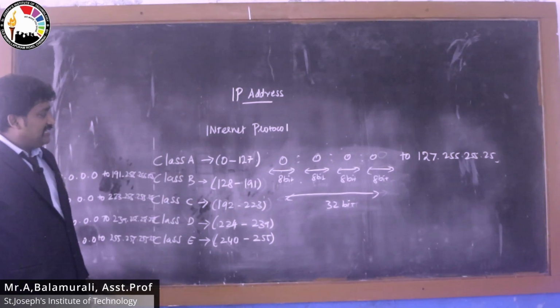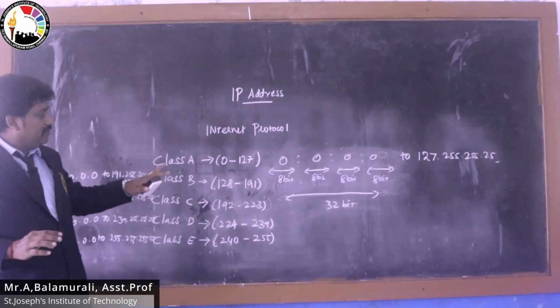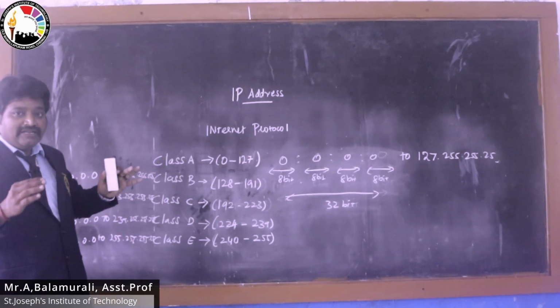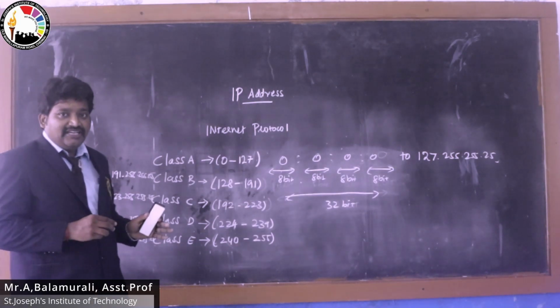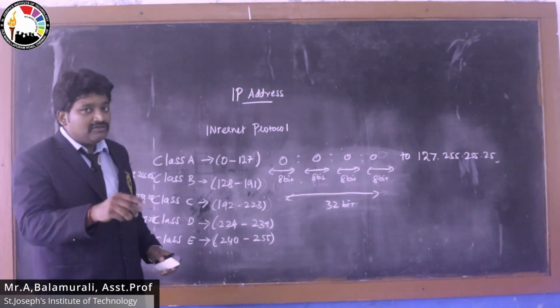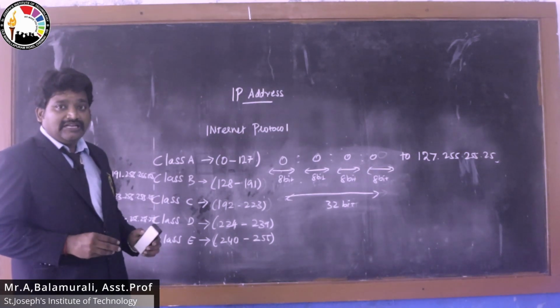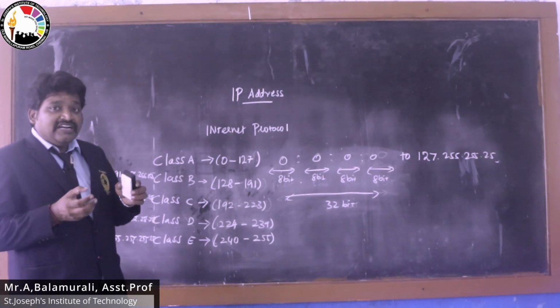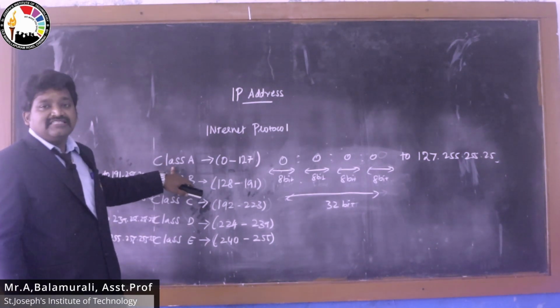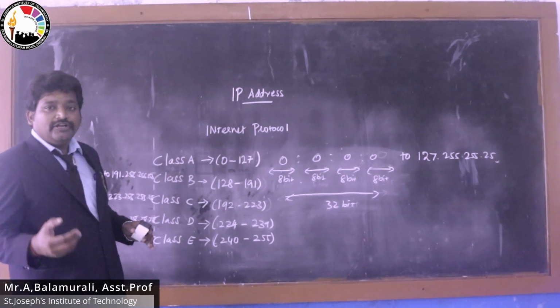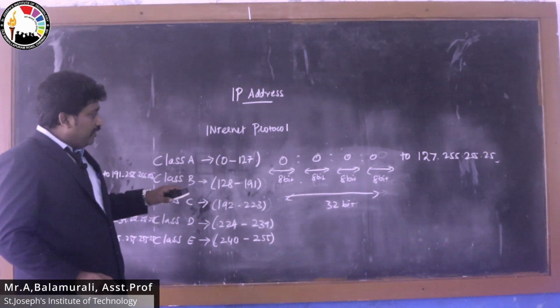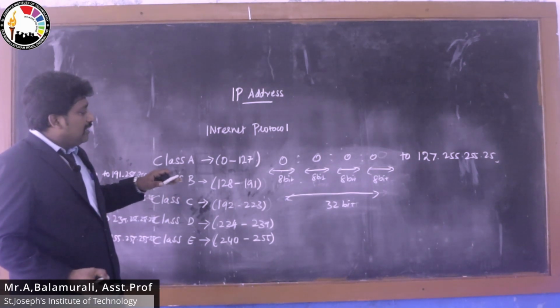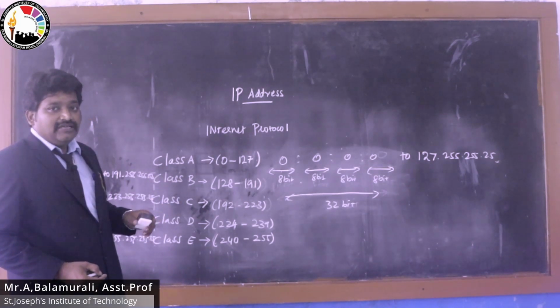Next is Class A. As I already explained, there are 4 partitions. But here we should know how many partitions are used for the net ID and how many for the host ID. Only then can we calculate how many networks and how many devices can be connected under the Class A range. So here we create the network ID and host ID within the class ranges.